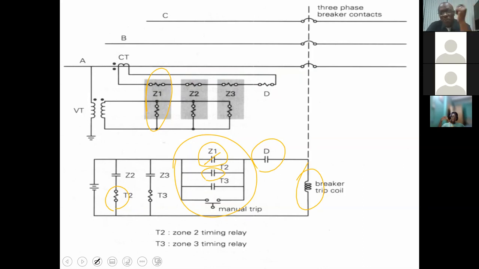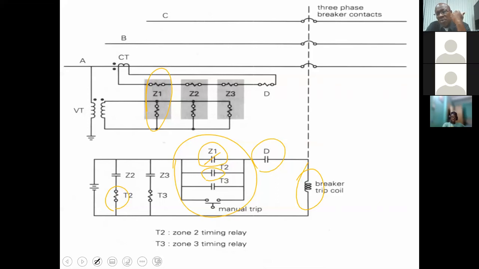Good. So if the closest station gets a call, it realizes it's not a zone 1.